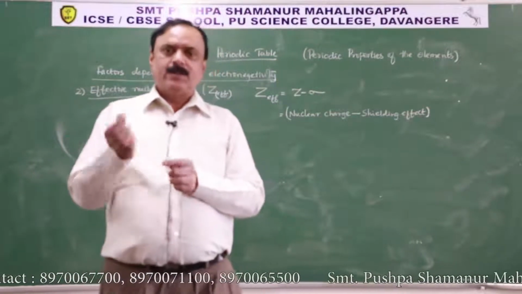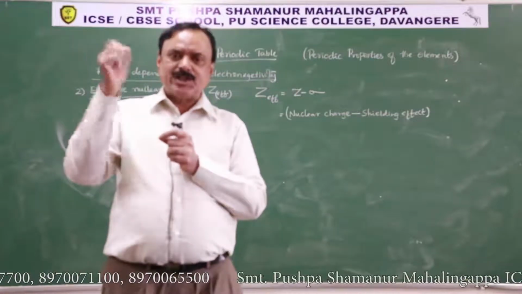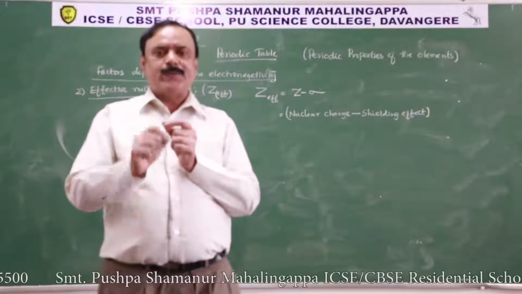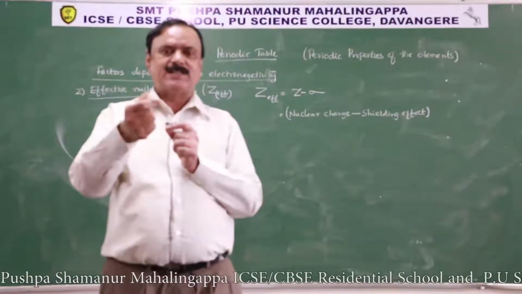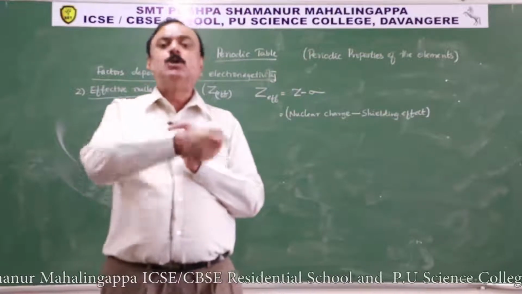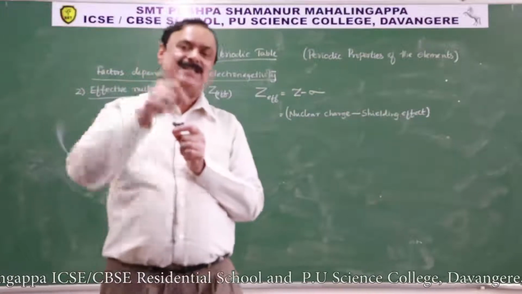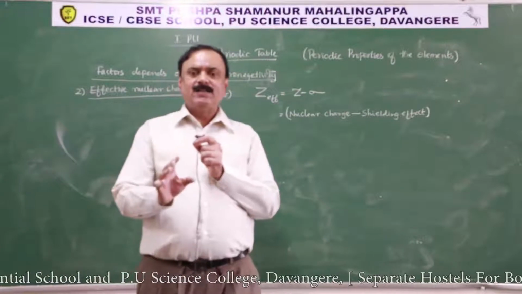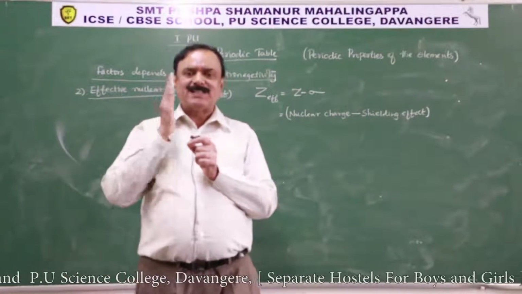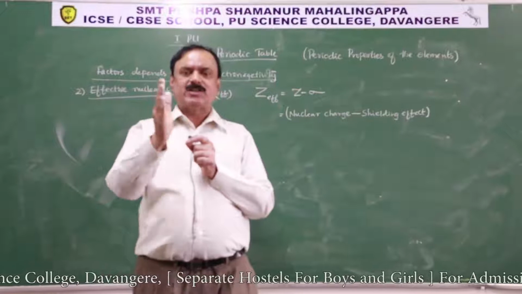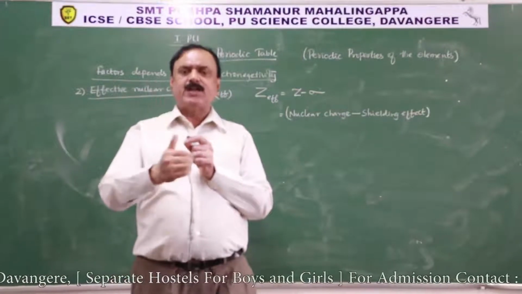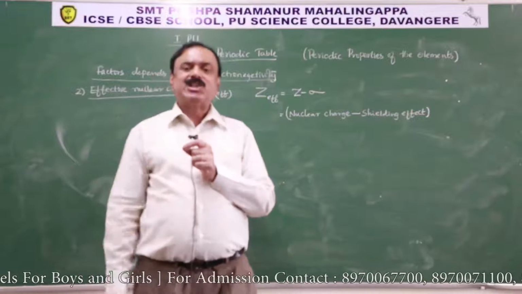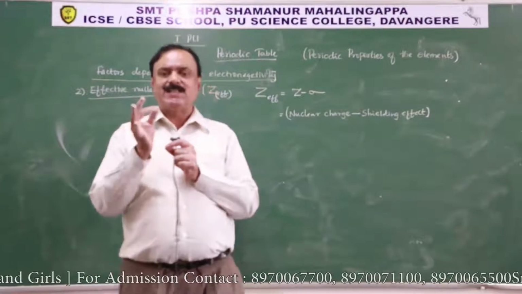But due to the inner shell electrons, the attractive force of the valence electrons or higher energy level electrons towards the nucleus decreases. Is it clear? That is the reason why, due to the presence of this screen, the effective nuclear charge, the attractive force, decreases. This phenomenon is called the shielding effect or screening effect.